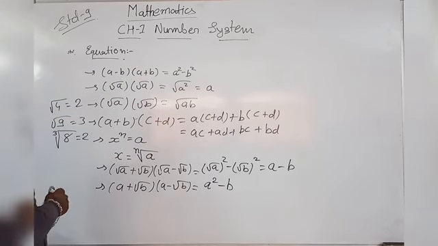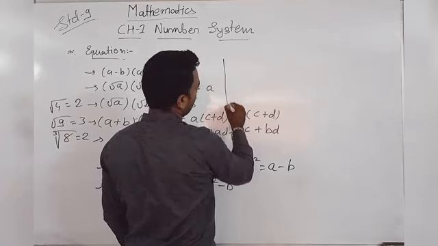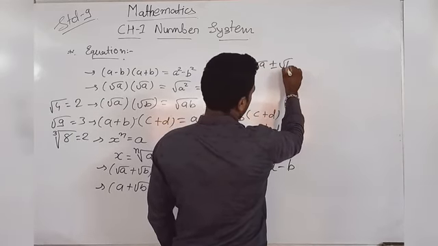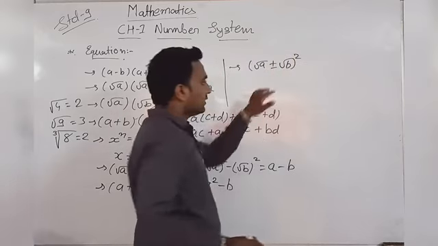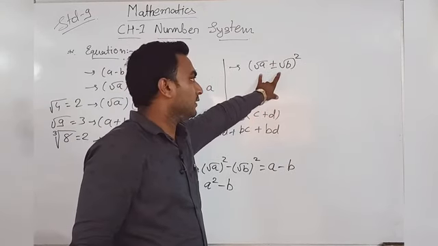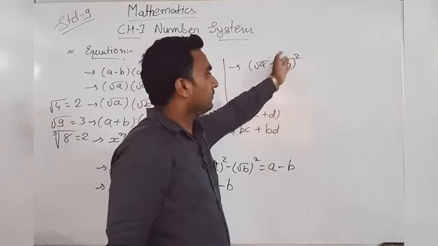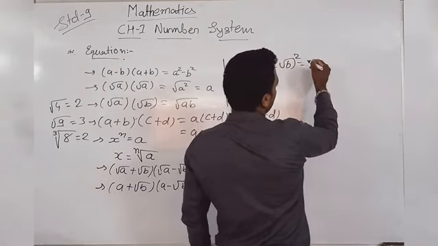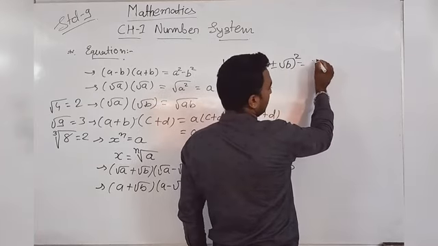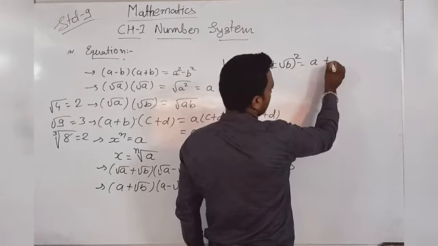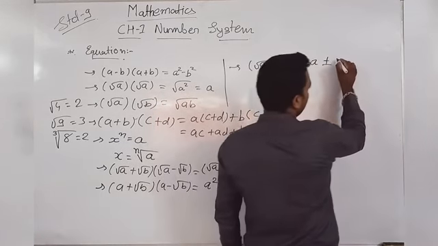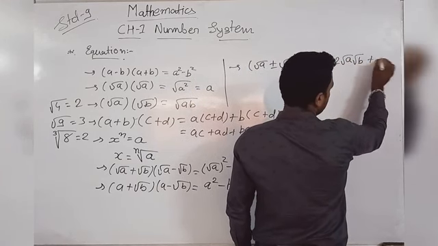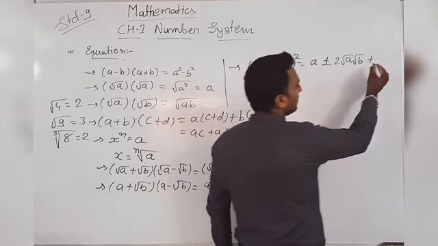Then next, one more equation you have to remember: (root a plus or minus root b) square. See, both numbers are given in the square root. Then we have to do the square of that number. So what can we do? Here root a square, that is a, plus or minus 2 root a root b, plus root b square, that is b.